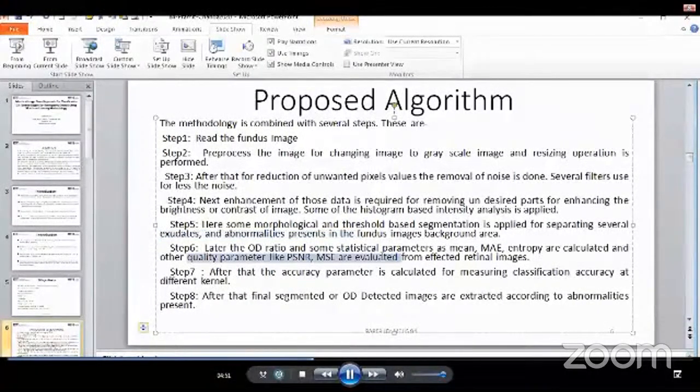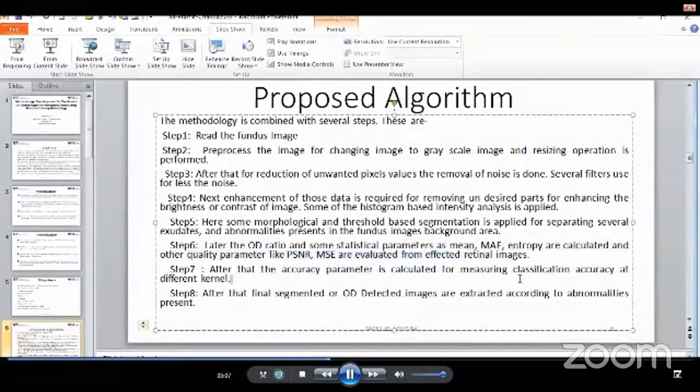Some other statistical parameters like mean, entropy, and MAE, mean absolute error, etc., are calculated. These are error parameters, and also image quality parameters like PSNR, MSE, SSIM, etc., are measured for affected retinal images.